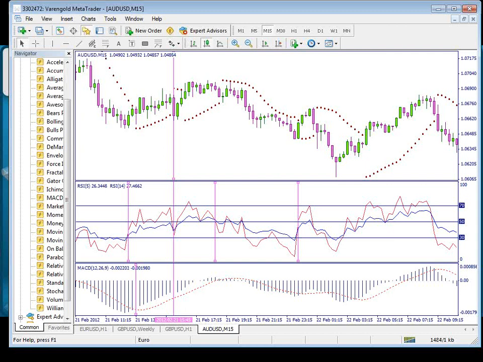Also, when I'm looking for GBP/USD or so on, I have EUR/USD, or I have the S&P 500, because both of them can give you some indication that something is happening in the market. Those charts, EUR/USD and S&P 500, are very sensitive to any news.